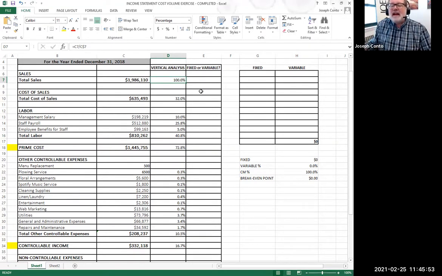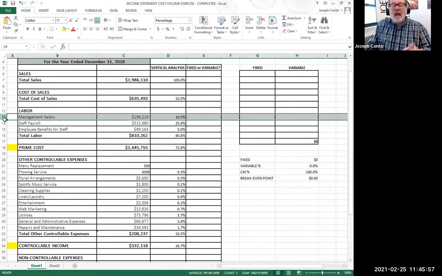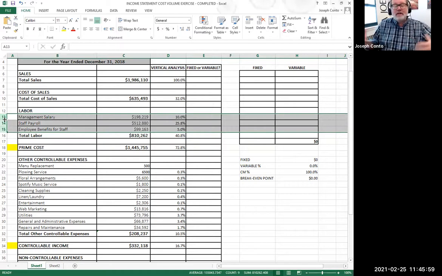Step two, assign each cost line, just the cost lines, a categorization of variable or fixed. Like I said today in class, some items are always fixed. Some items are always variable. Cost of goods, always variable. Labor, hourly labor, always variable.